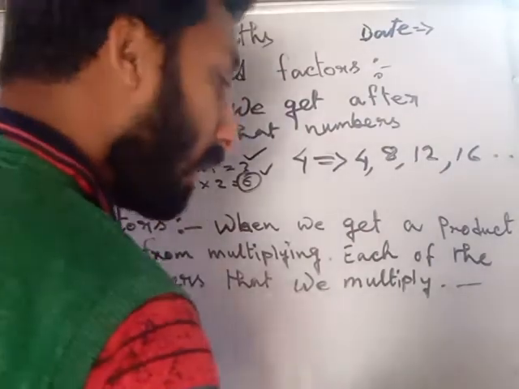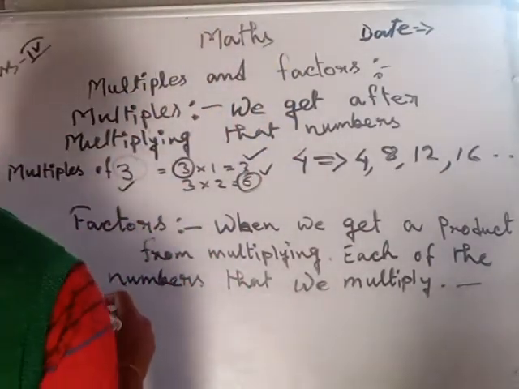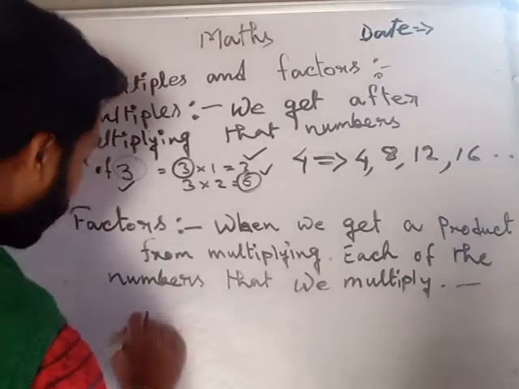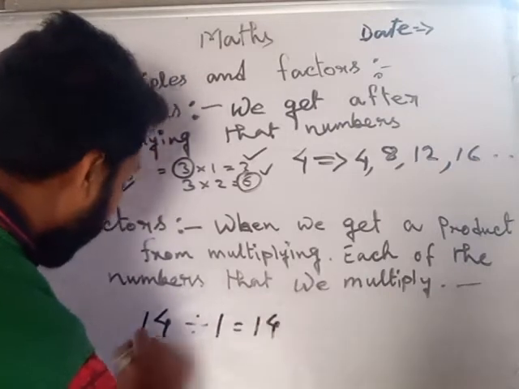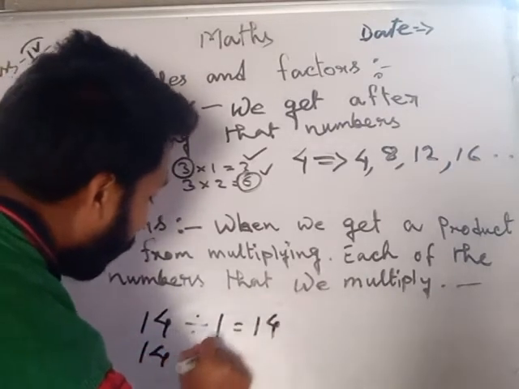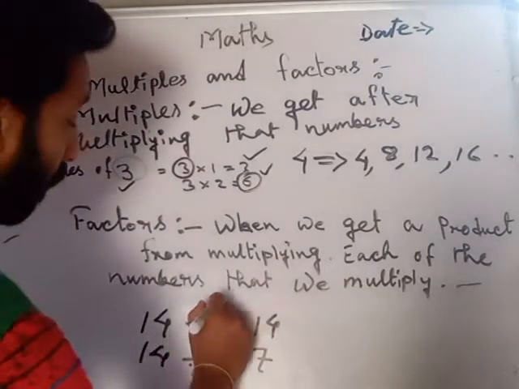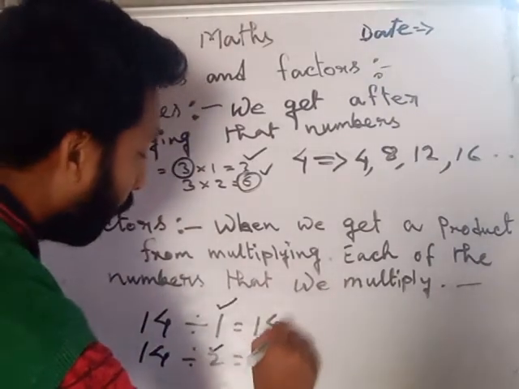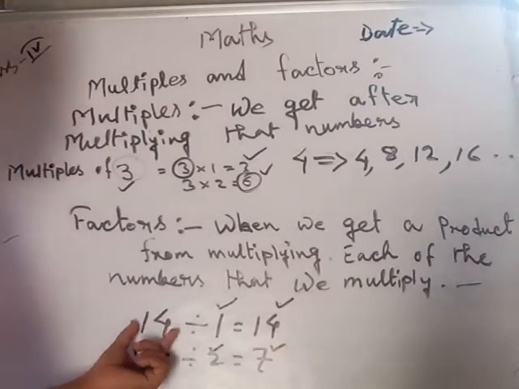Suppose I will tell you, find out the factors of 14. 14 divided by 1, 14 divided by 2, and 7. That means 1, 2, 7 and 14 are the factors of 14.